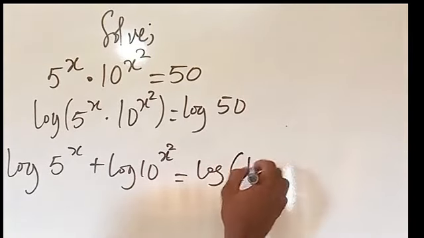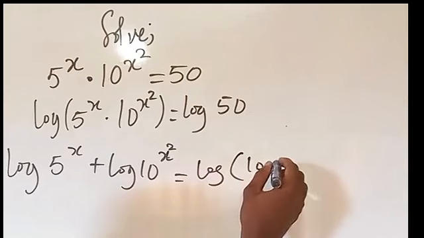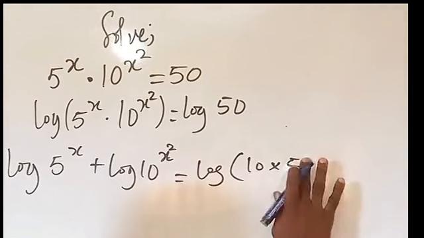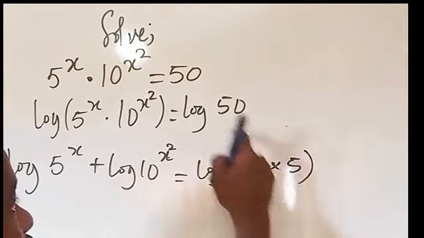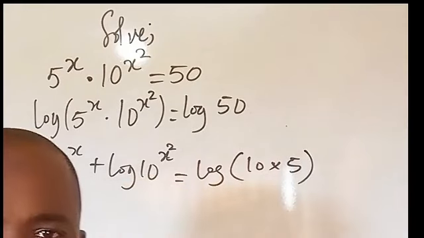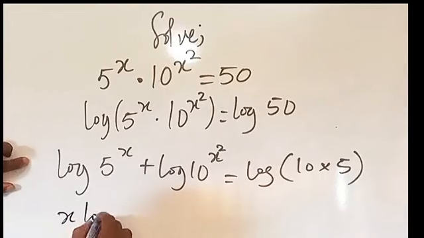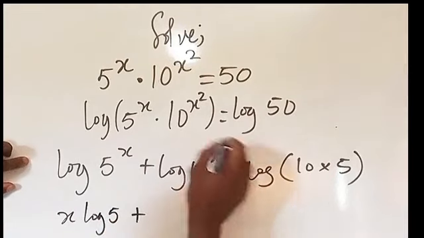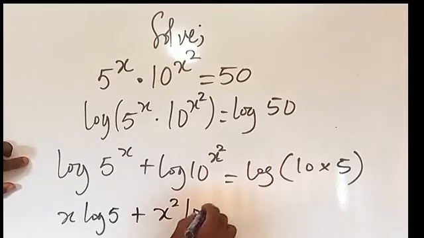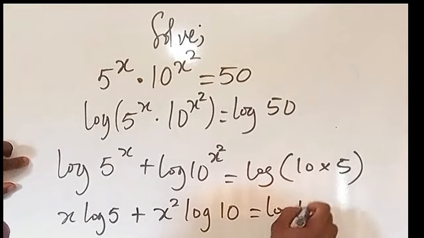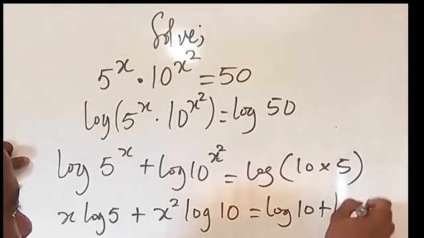You know this 50 can also be split as 10 multiplied by 5, because 10 times 5 gives us 50. Now this power will come down: x log 5, plus this power also comes down: x² log 10, equals log 10 plus log 5.